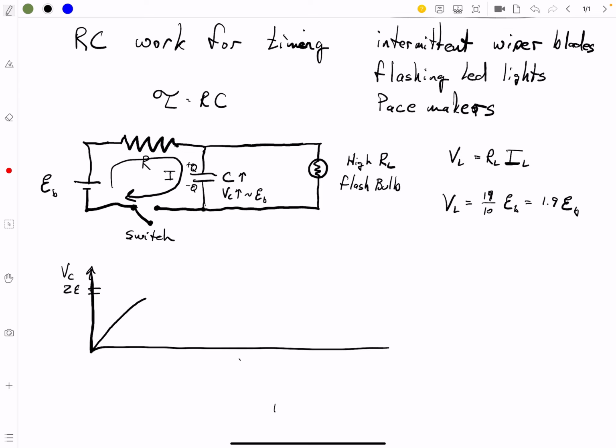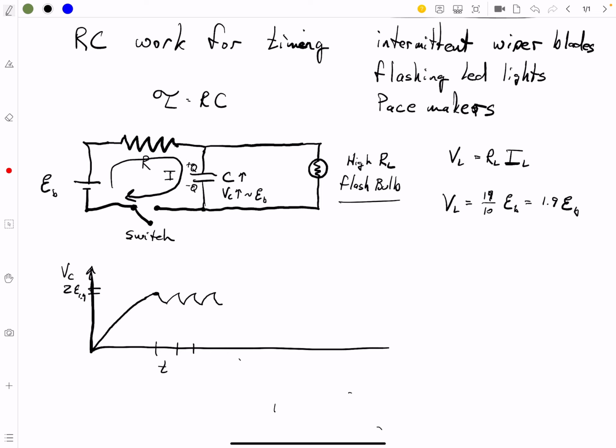It's going to get to 1.9 EMF, and then it's going to discharge, and some of the current is going to go away. It's going to drop back down for a little bit, and then it'll start climbing again, and it'll get up there, and then it'll drop back down, and then it'll climb, and then it'll go back down, and it'll climb, and it'll go back down. And this is the amount of time that the high resistance flash bulb will go off.